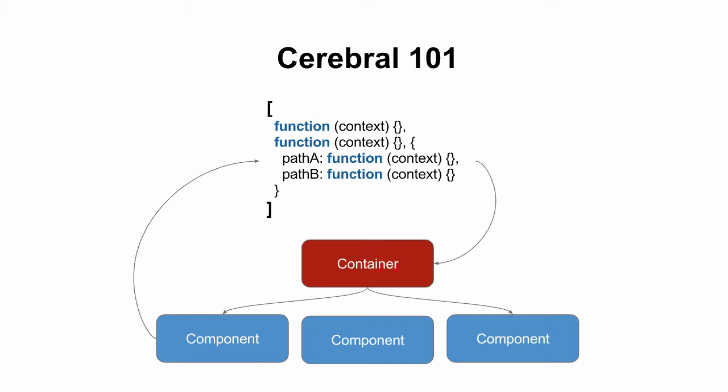You can add HTTP requests, Firebase, whatever side effects you want. And then it runs through these functions, and the function tree will emit events, which the container listens to.